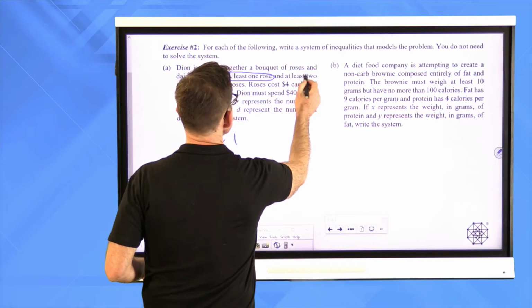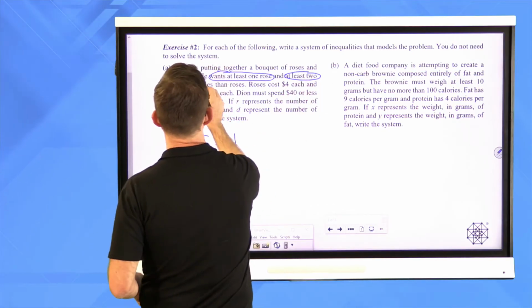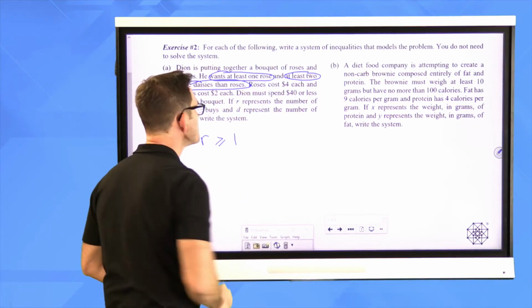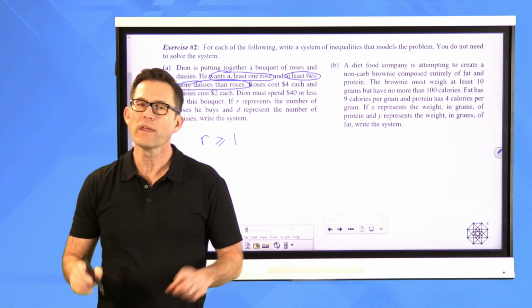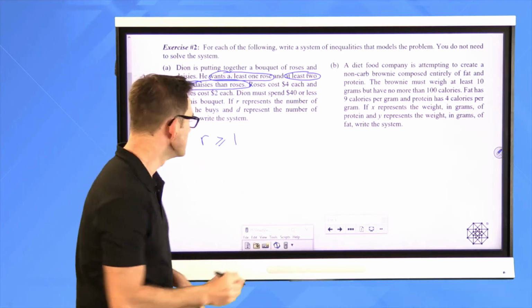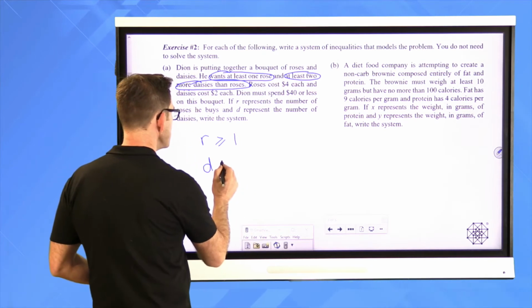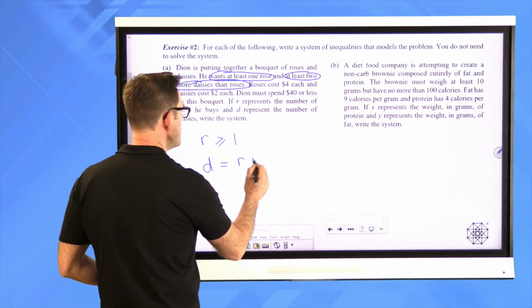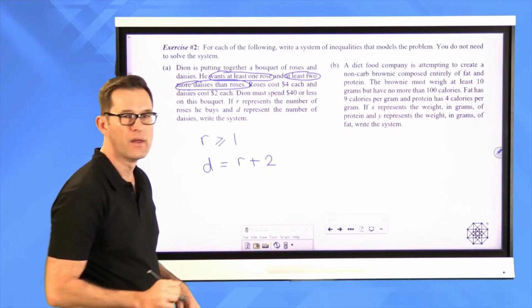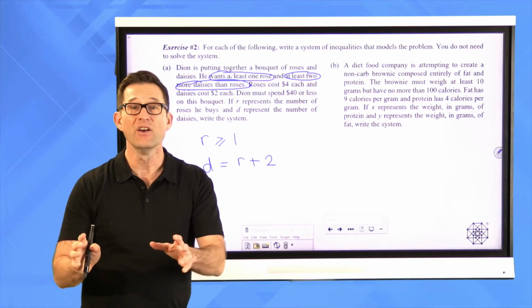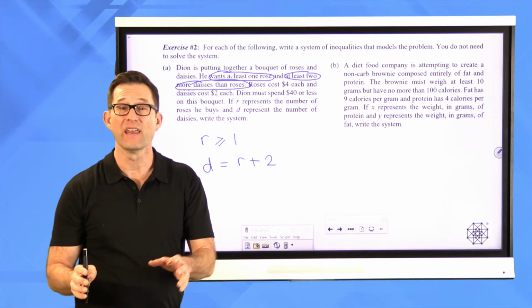Well, he wants at least 2 more daisies than roses. Well, if he wanted exactly 2 more daisies than roses, then the number of daisies he had would be equal to the number of roses he has plus 2. That's if he wanted exactly 2 more daisies than he had roses.